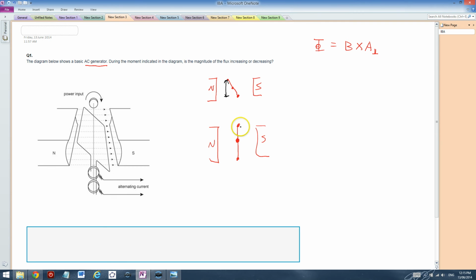So as it rotates from position 1 to position 2, the perpendicular area increases. So the magnetic flux increases.